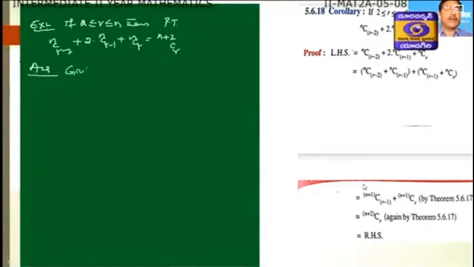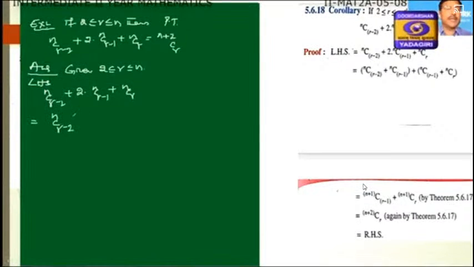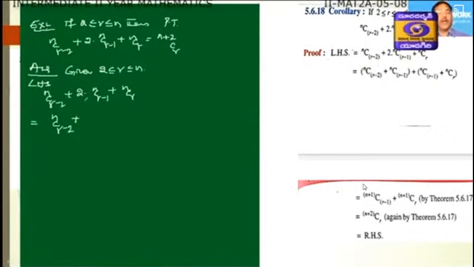Now the answer. LHS. Given 2 is less than or equal to r, which is less than or equal to n, then LHS is nCr minus 2 plus 2 into nCr minus 1 plus nCr. Now I will write this as nCr minus 2 plus 2 into nCr minus 1, and I will write it as two separate terms: nCr minus 1 plus nCr minus 1.